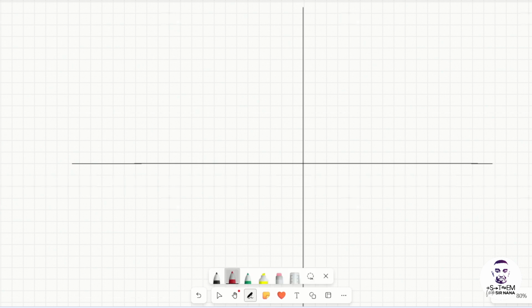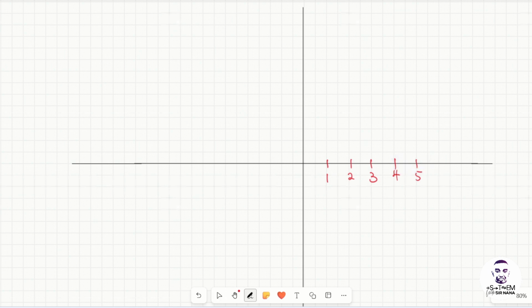So on the x side, which is positive, we have 1, we have 2, we have 3, and then we have 4, right? Let's add 1 and then let's have 5.